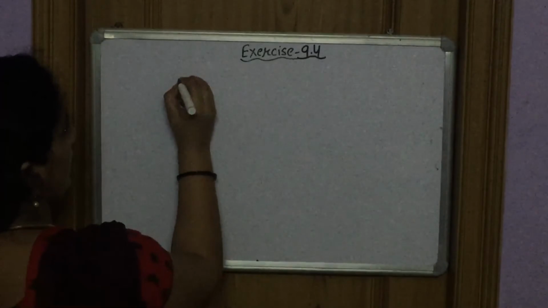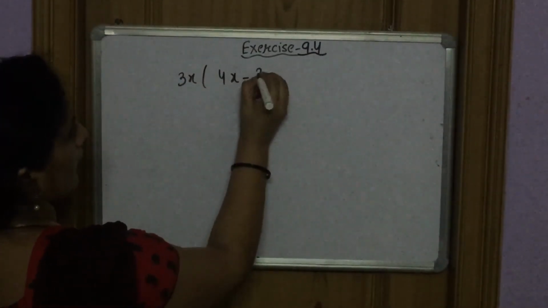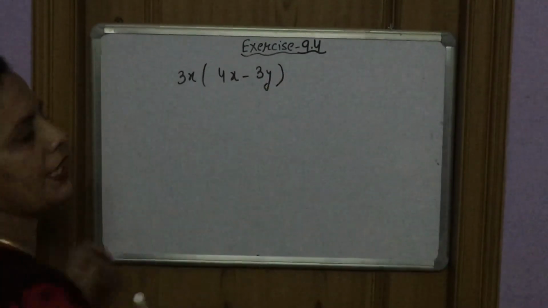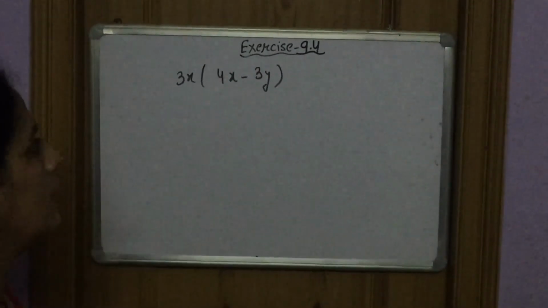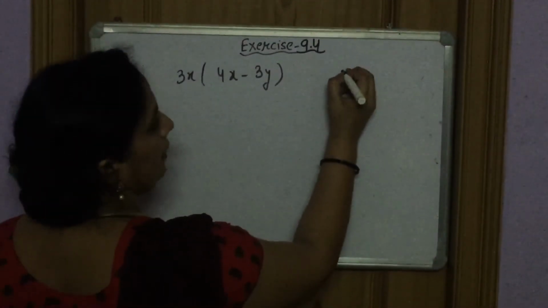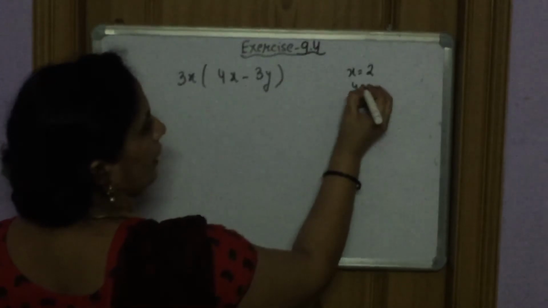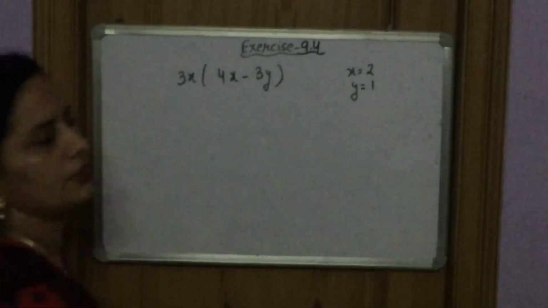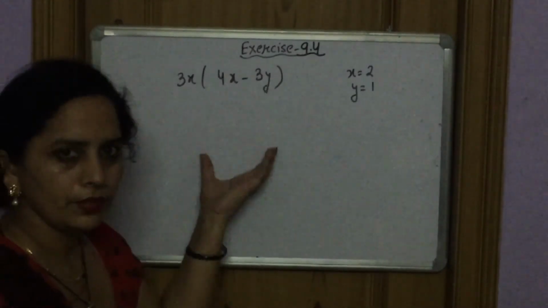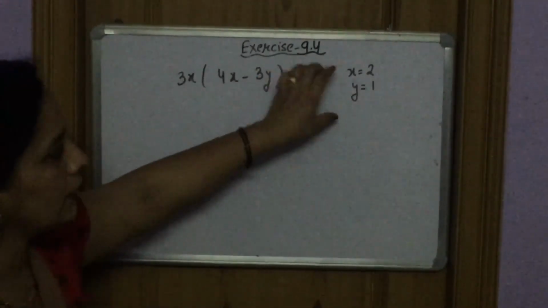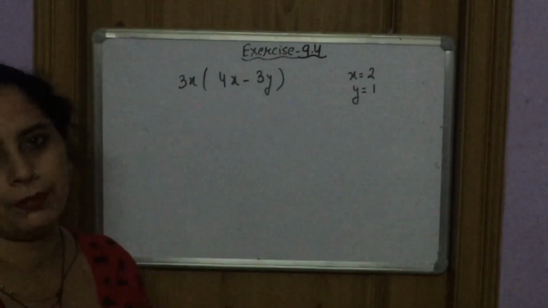That means you are given an algebraic expression and you have to find the value of this expression when x is 2 and y is 1. That means first of all solve this expression. After that put in the last line x is 2 and y is 1.